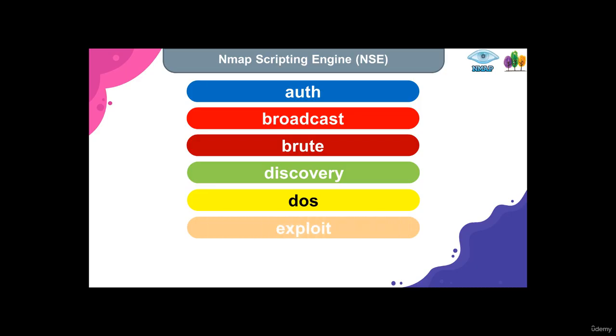Exploit. These scripts are intended to actively exploit a vulnerability. External. Scripts in this category can send data to a third-party database or another network resource. For example, whois-ip establishes a connection to the WhoIs servers to obtain information about the target's address.